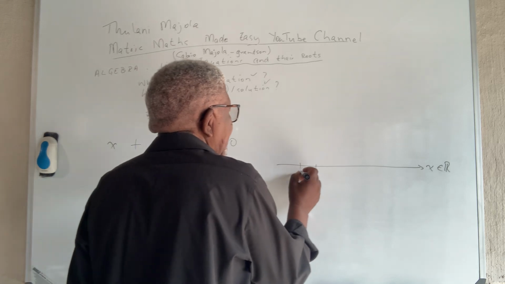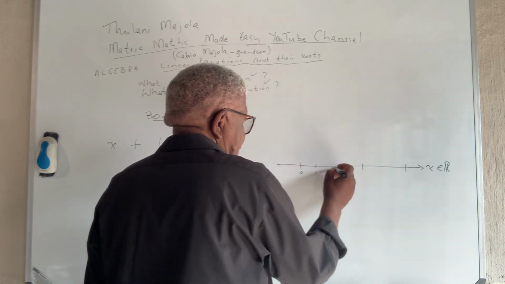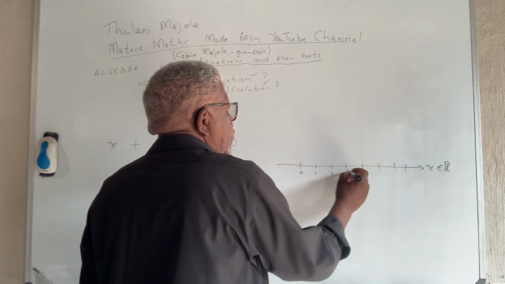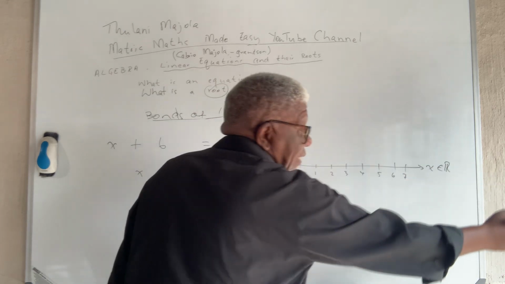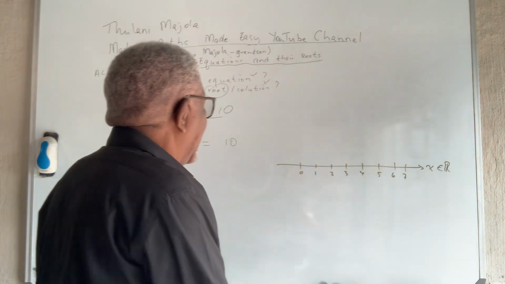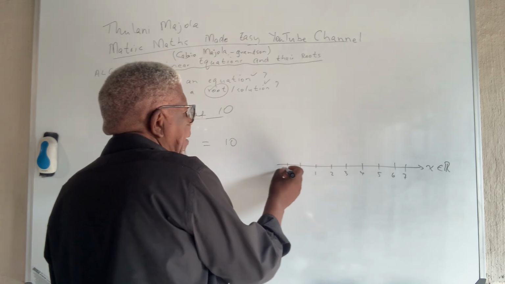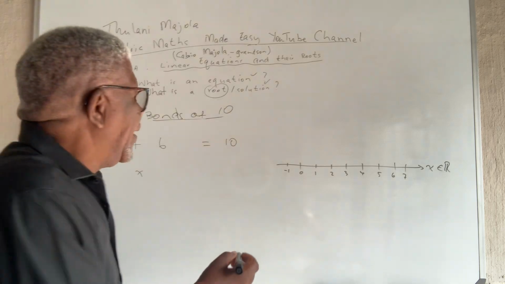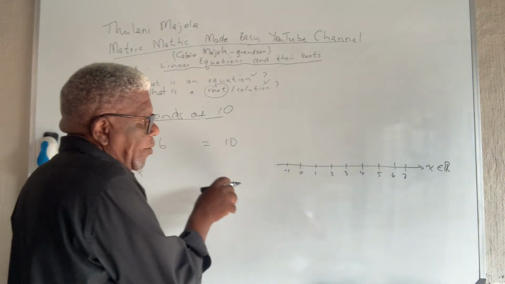So we've got x equal to 0, 1, 2, 3, 4, 5, 6, 7, etc., until you reach a very, very big number. Or if you come to the negatives, negative 1, negative 2, negative 3, etc., until you come to a very small number. So this is the graphical presentation on a horizontal number line.